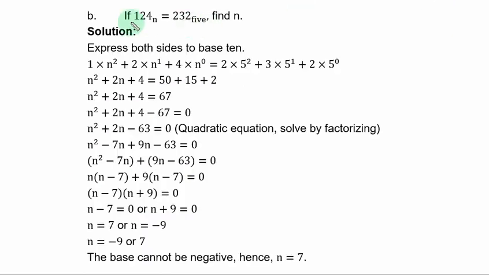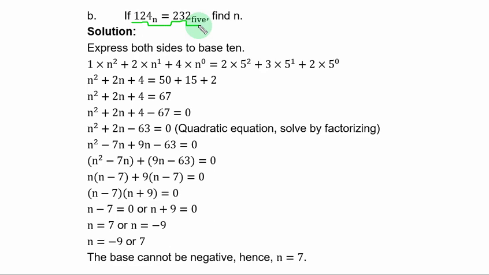Question 2b. If 124 base n is equal to 232 base 5, find n. Solution. You simply express both sides in base 10. To do that, you use the existing base to multiply each number, and you assign the position of each number to the base.